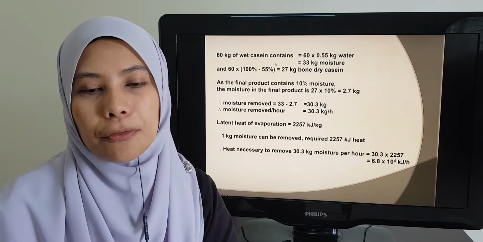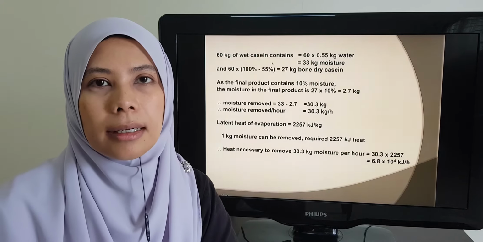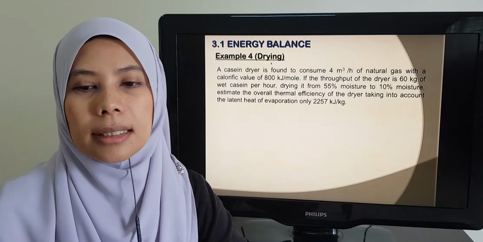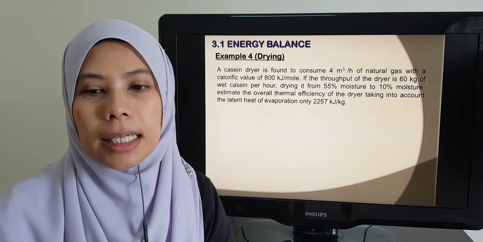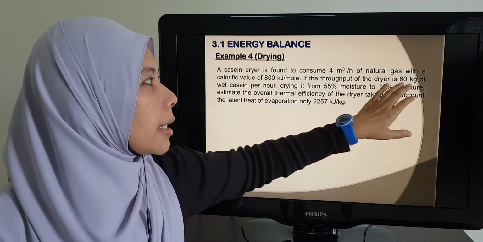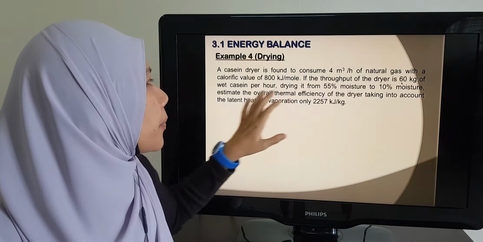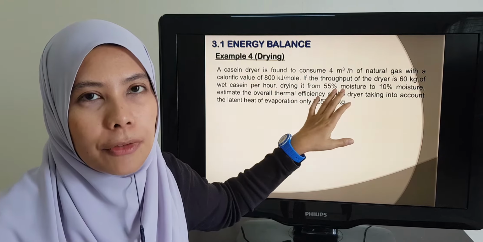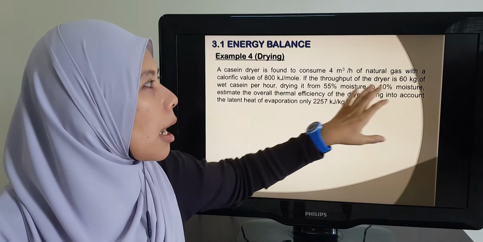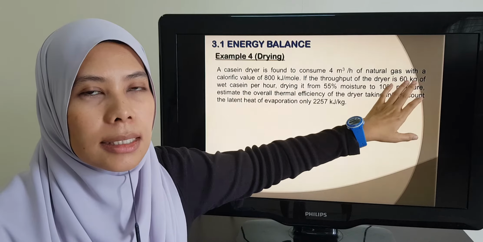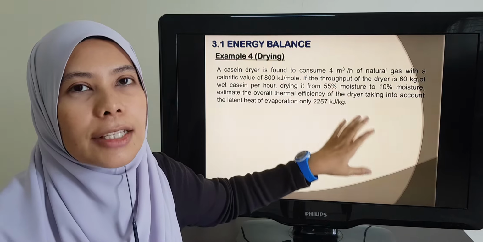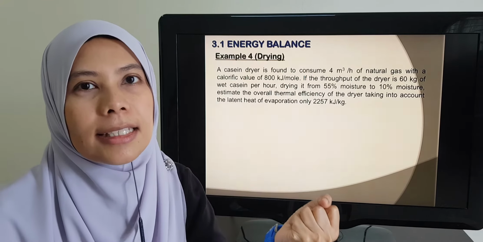From the information given, the wet casein in the system is 60 kilograms. It has moisture of 55%. So out of 60 kilogram, 55% is water, and the remaining 45% is the casein itself.